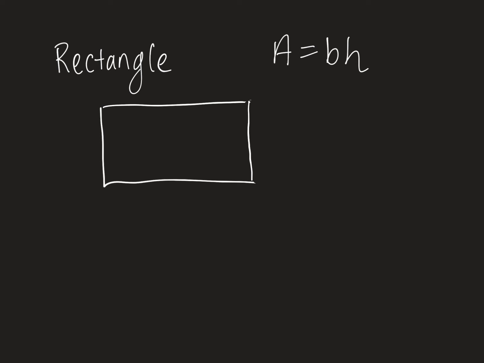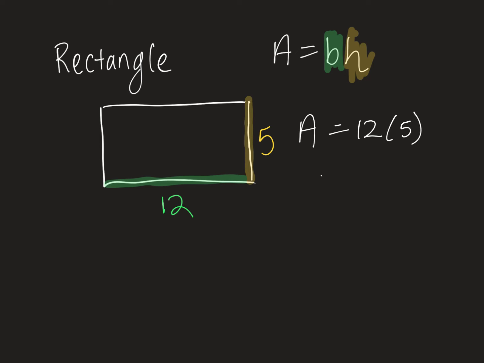So base times height. Let's say this is 12 and our height is 5. To find that area, we would do 12 times 5. So our area would be 60.